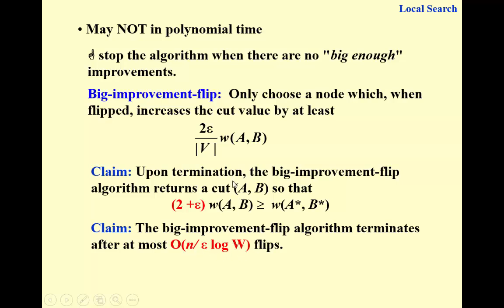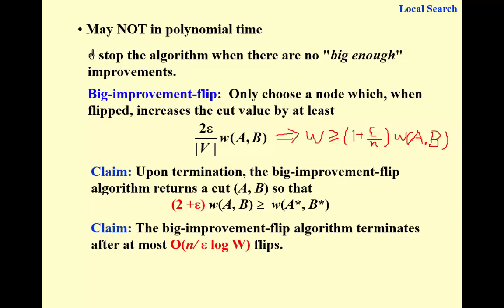Let's see. Since each flip will increase the weight by a factor of at least 2 epsilon over n, right? And therefore, after each flip, the total weight will be greater than or equal to 1 plus epsilon over n. Well, actually, it's 2 epsilon over n. But since I write greater than or equal to here, it's okay to just take a smaller value.